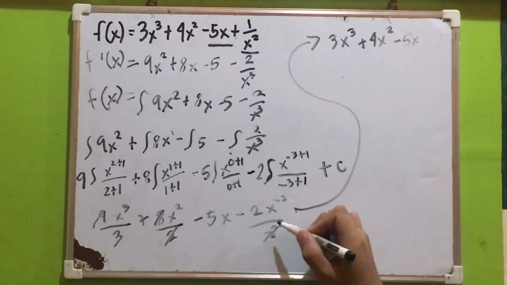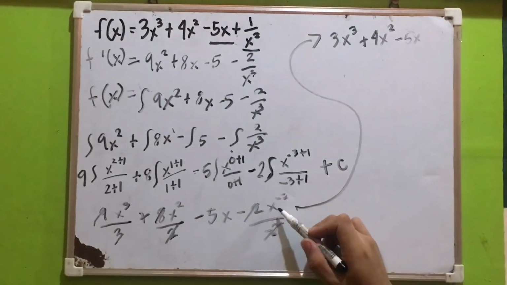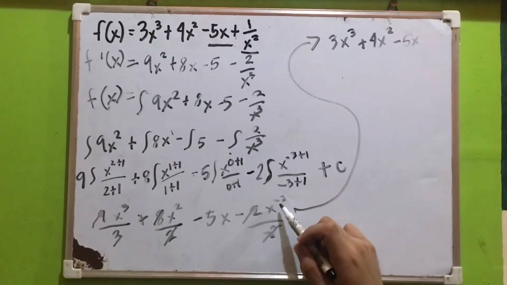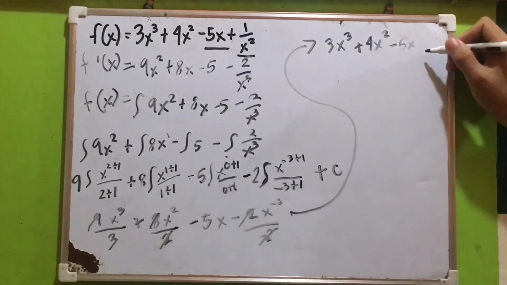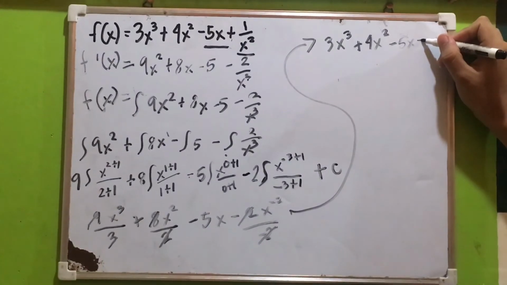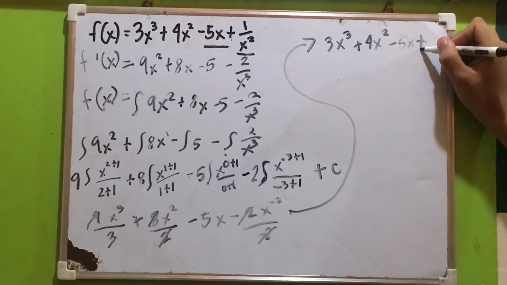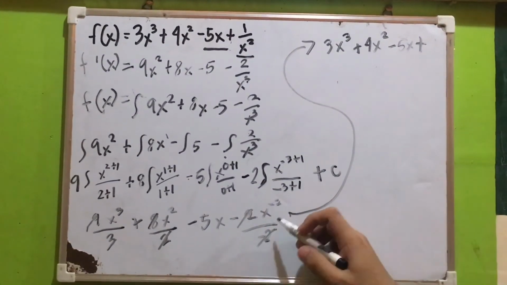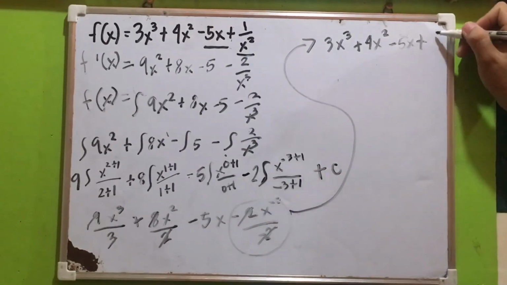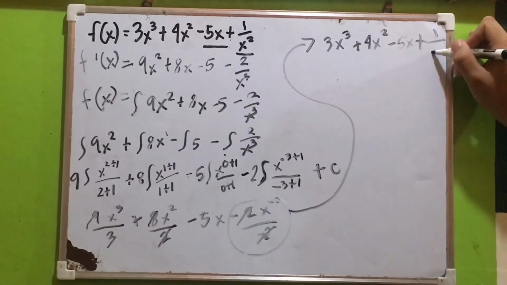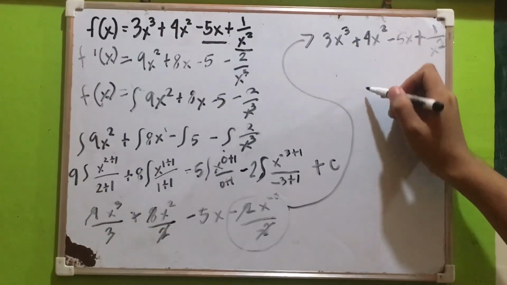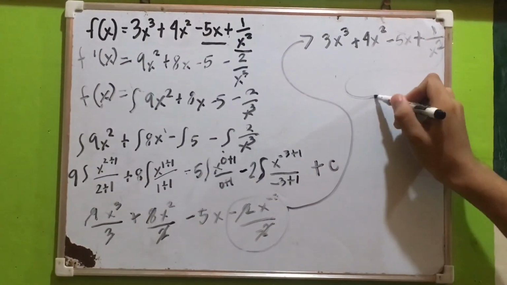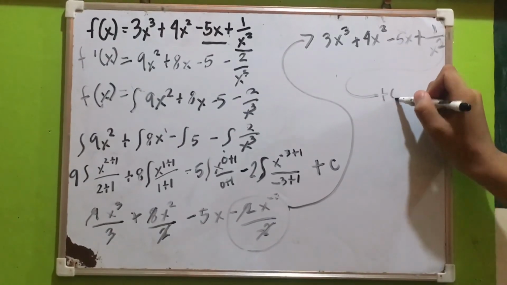Then finally we can cancel this one, and we can bring back x raised to the power of negative 2. So that's equal to, after canceling this one, we can consider this term as positive, so that's 1 over x squared. Then finally add c, or the constant, plus c.